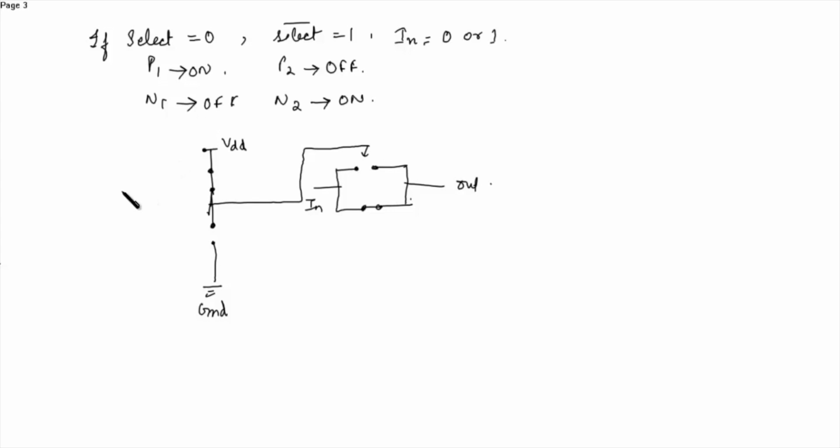Now let's see how to obtain the twisted schematic from the transmission gate normal schematic. So there are two PMOS and two NMOS.